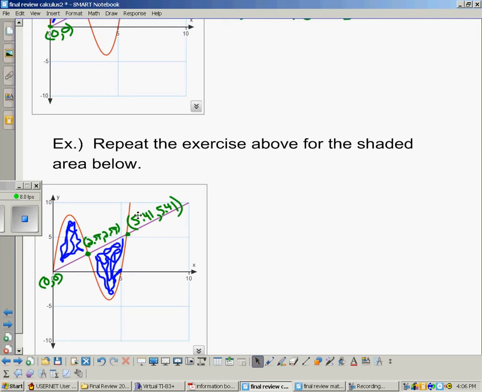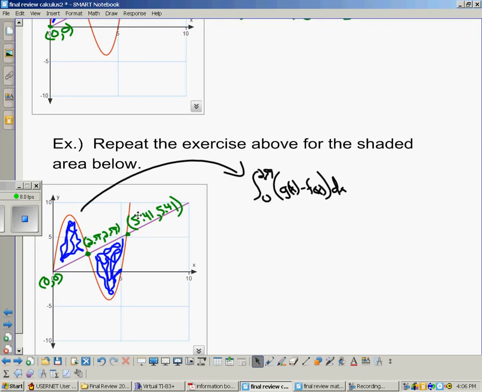Okay, we're going to have to do this in parts, or one way to do it is in parts. The first little bit is from 0 to 2.59, and it's got g(x) on top. So it'll be the integral of g(x) minus f(x) with respect to x.